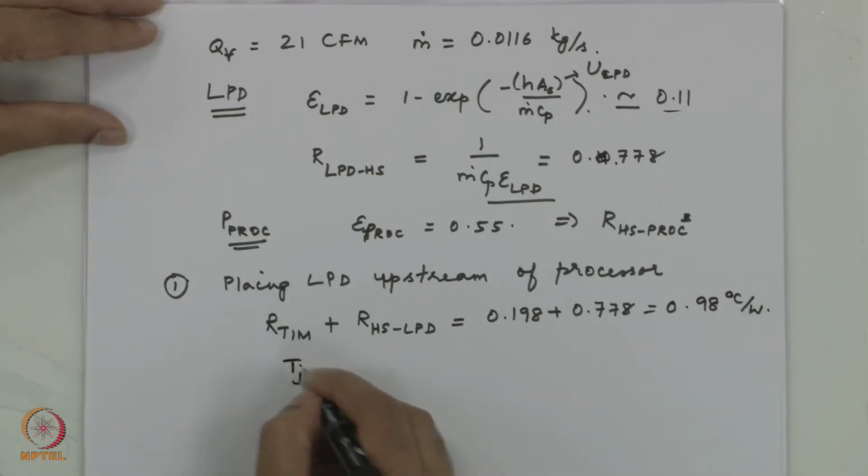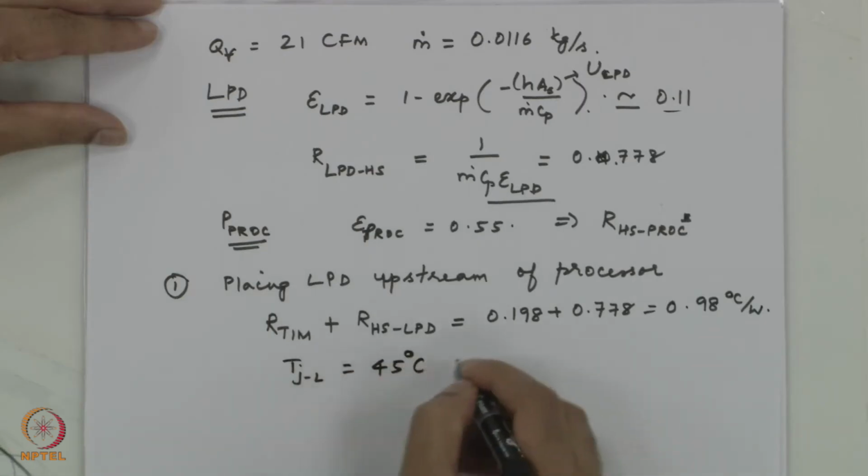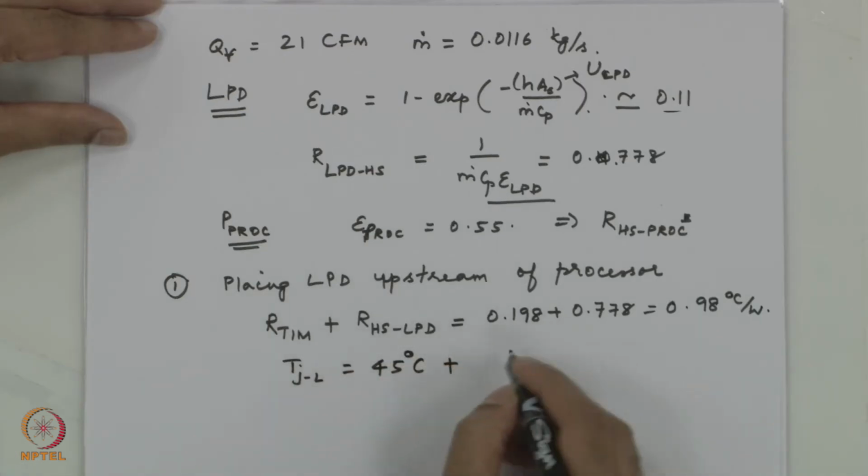Then using this we can calculate. The inlet temperature is given as 45 degrees Celsius.